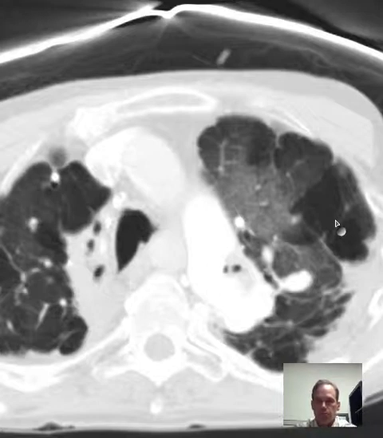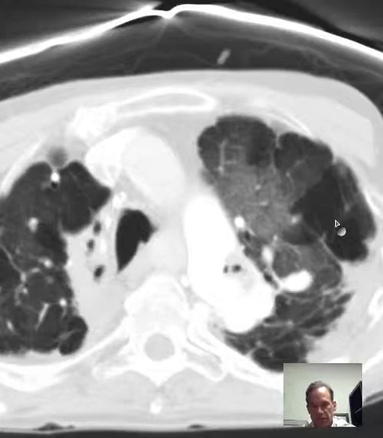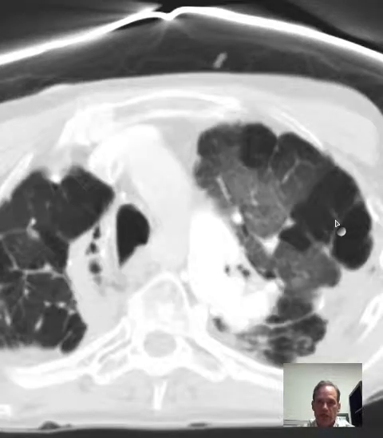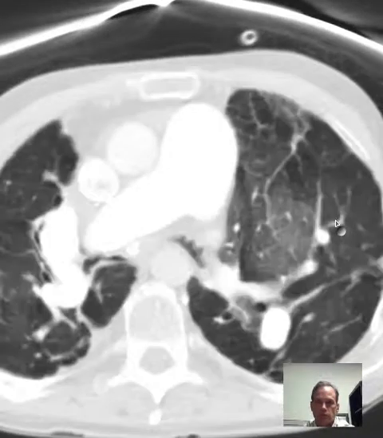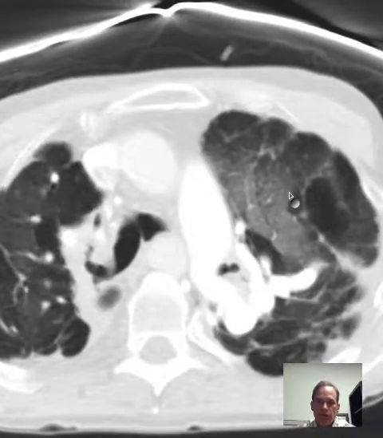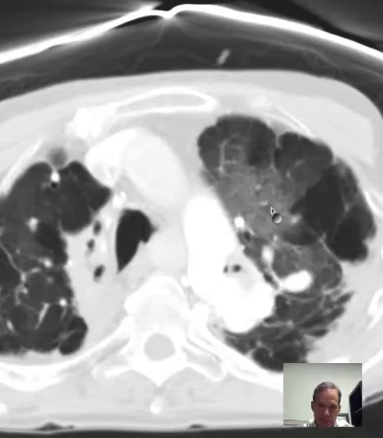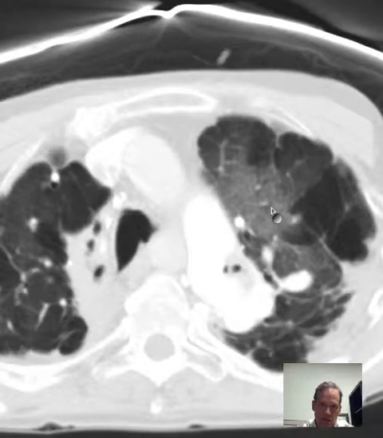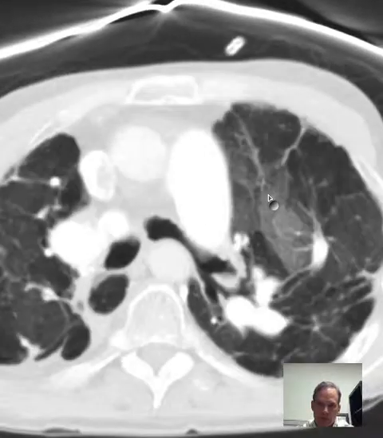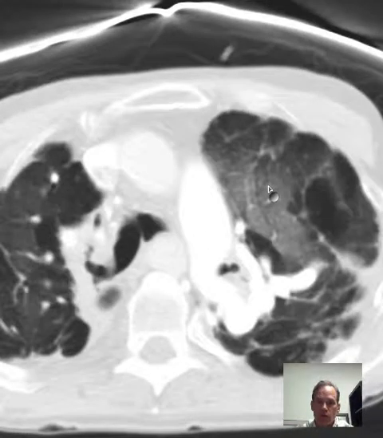The plural is B-U-L-L-A-E, but people don't usually say bullae, but it's proper to say it. And you have some ground glass opacities here, so even the lung that is not destroyed, is not bullous, has some abnormalities producing this, what we call ground glass opacity.